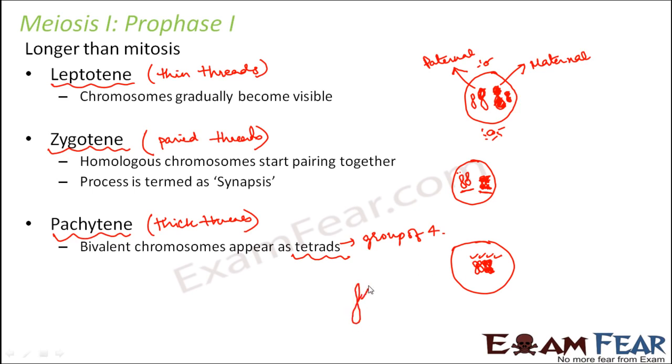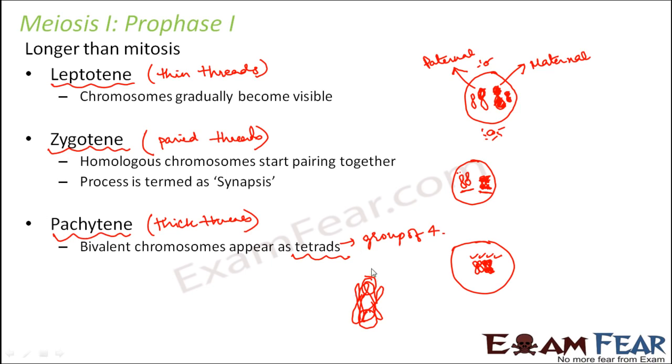Let me try to draw it a little bigger. Something like this. If you see these regions, these are the regions where crossing over will take place between this and this. Crossing over means exchange of genetic material between the homologous chromosomes. That is known as crossing over.